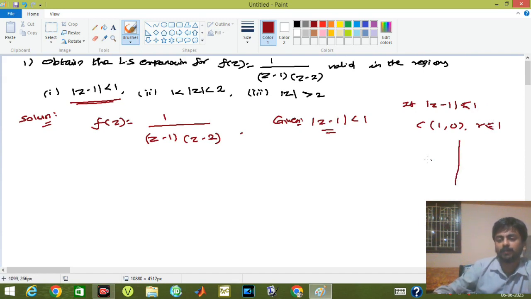If I am drawing the circle, the center is 1, 0, meaning on the x-axis I will have 1. Here I will have 2 and here I will have 0. Less than 1 means this 0 will not be touched and this 2 also will not be touched.